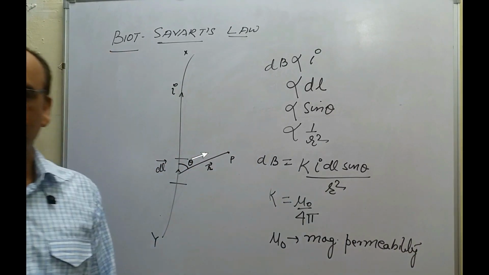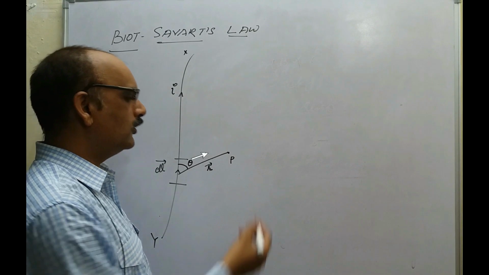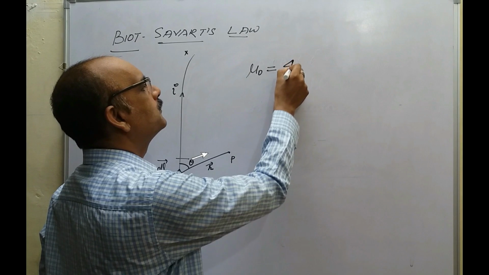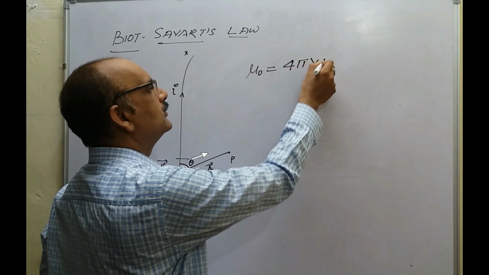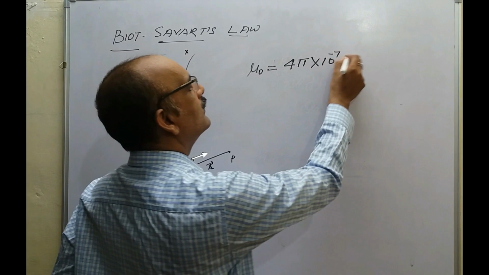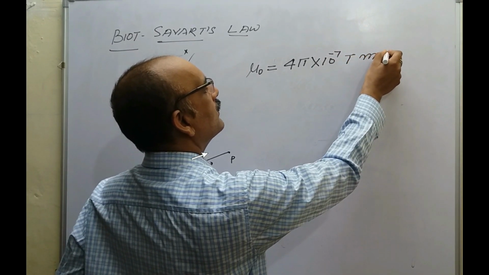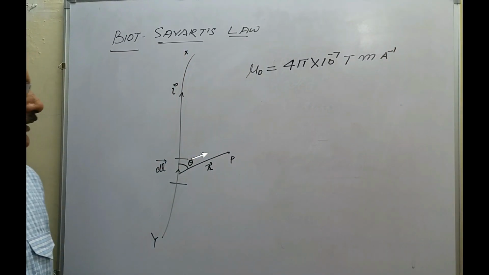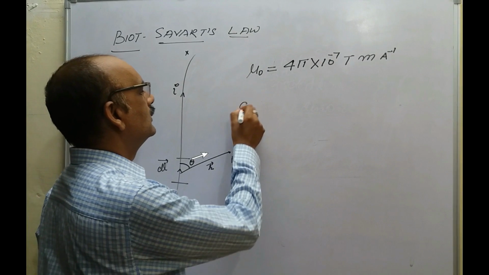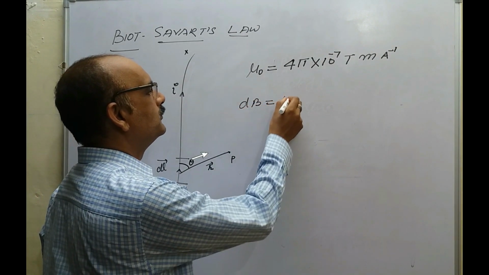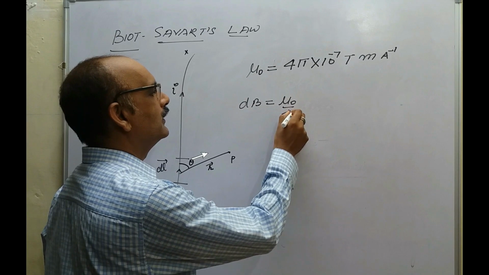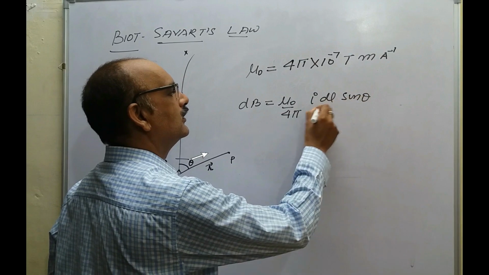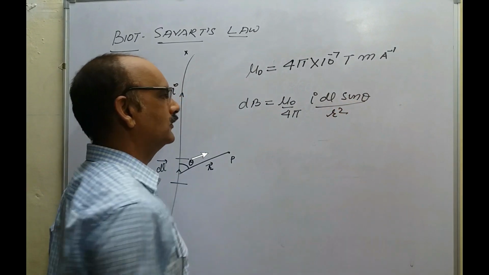The value of mu naught equals 4 pi into 10 to the power minus 7 Tesla meter per ampere. Now dB equals mu naught upon 4 pi I dl sin theta upon r square.